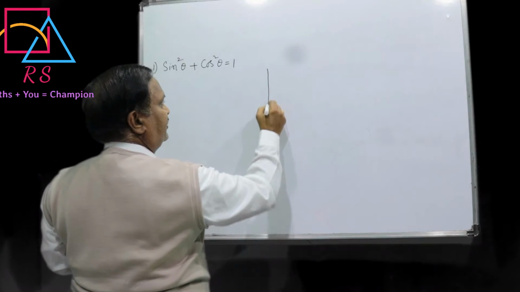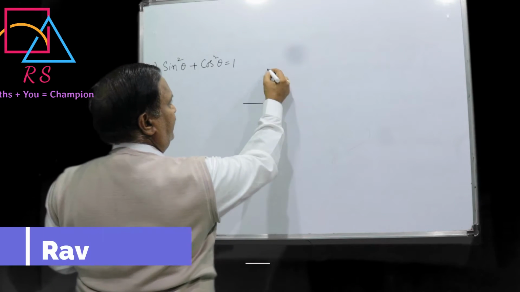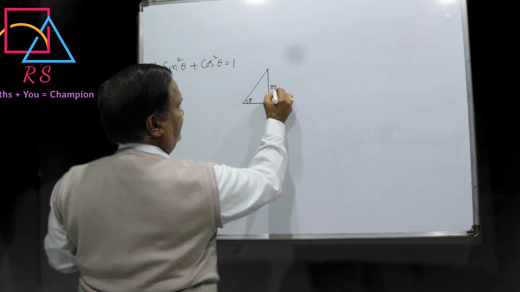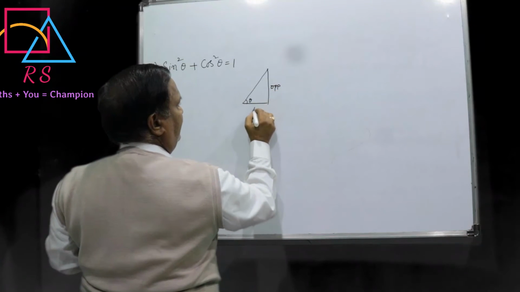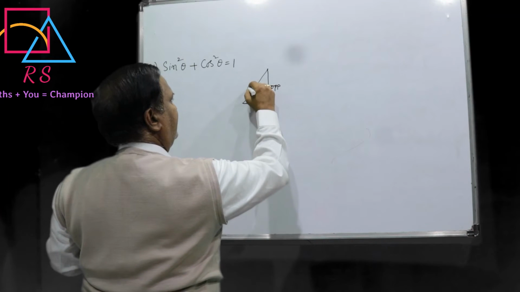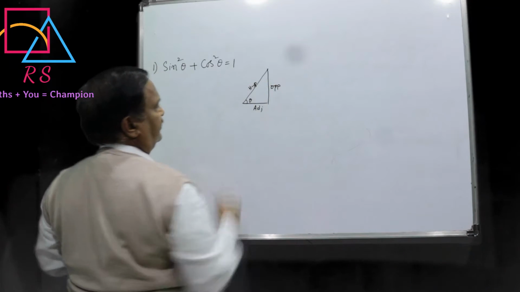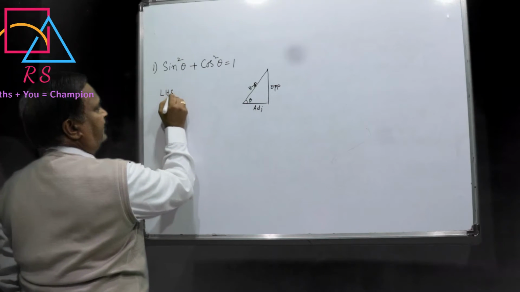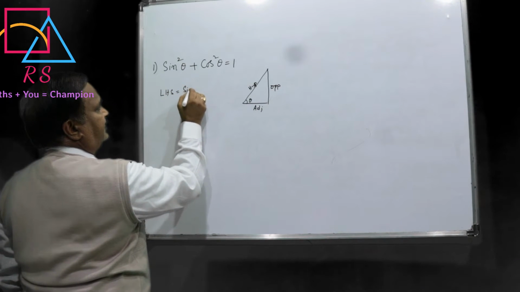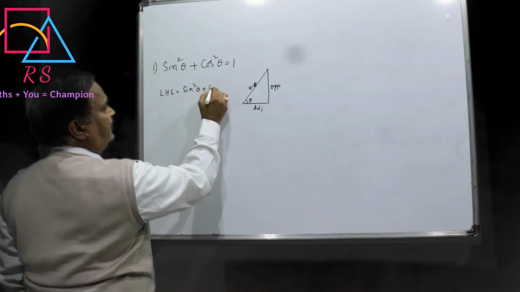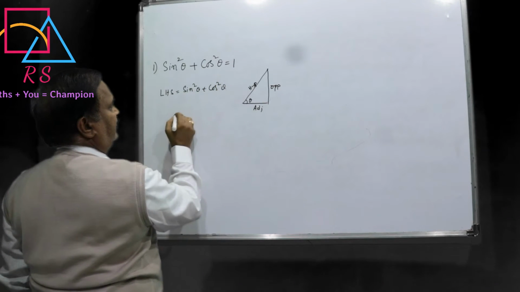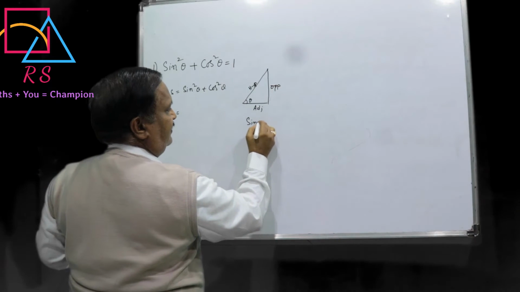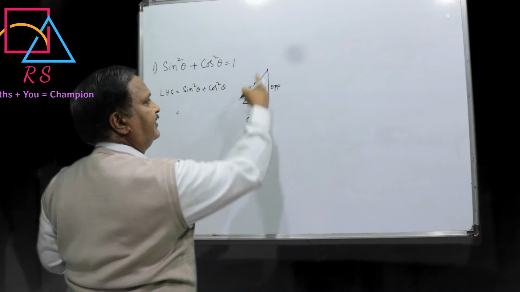To apply the definition, you need a triangle and this is theta. Let us say this is the opposite side, this is the adjacent side and this is the hypotenuse. Now let me take the left hand side: sine square theta plus cos square theta. Sine theta definition is opposite side upon hypotenuse.